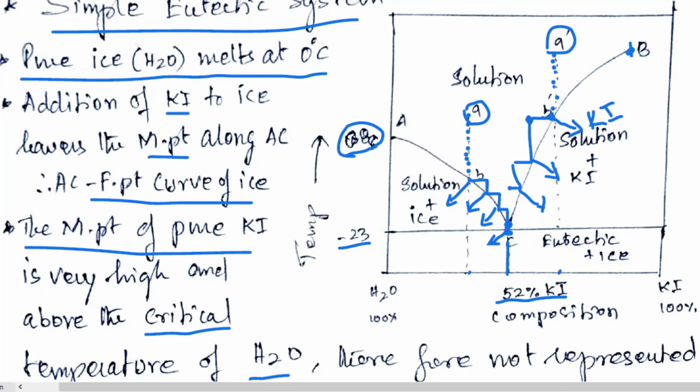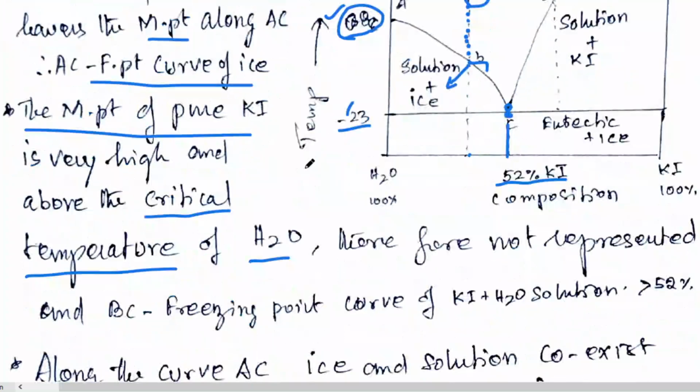This is simple like the lead-silver system, except we don't represent the boiling point of KI here, because it is above the critical temperature of water, and the other changes are only the temperature and the composition. Otherwise it is a simple eutectic system, just like the lead-silver system.